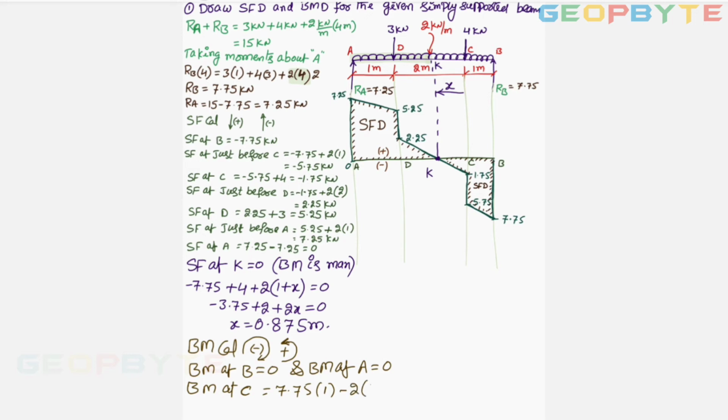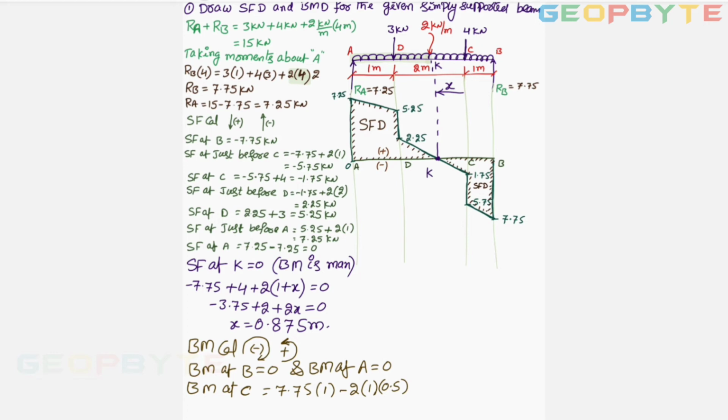UDL multiplied by UDL distance gives the point load, where that point load is assumed to be concentrated in between B and C, from that middle point to distance up to C, that is 0.5. Directly I have written, in fact it is 1 by 2. I hope you understood.